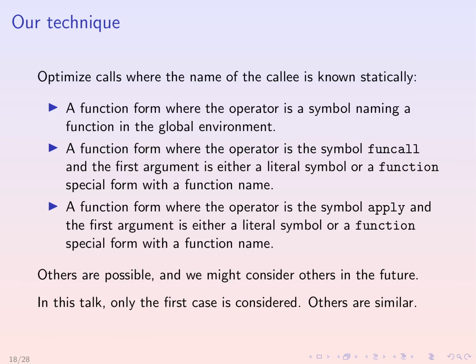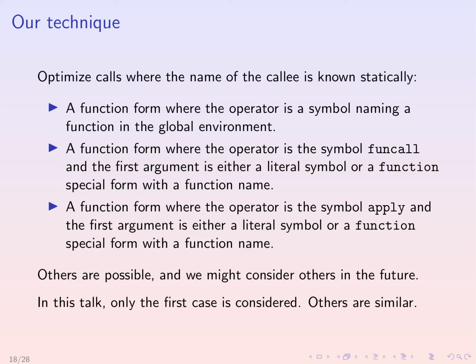Our technique can be used when the name of the callee is known statically, and we recognize three different cases in our paper. The first case is when we have a function form where the operator is a symbol naming a function in the global environment.